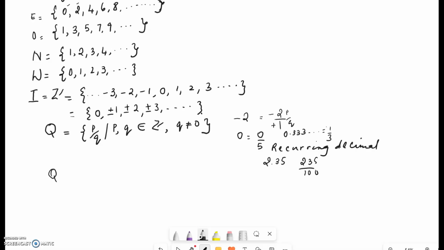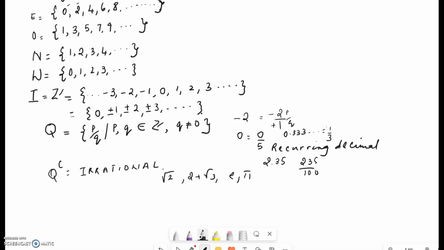Anything that's not rational is called an irrational number. Set of all irrational numbers. And you've seen a lot of irrational numbers. For example, radical 2, 2 plus radical 3, e, pi. These are all irrational numbers.